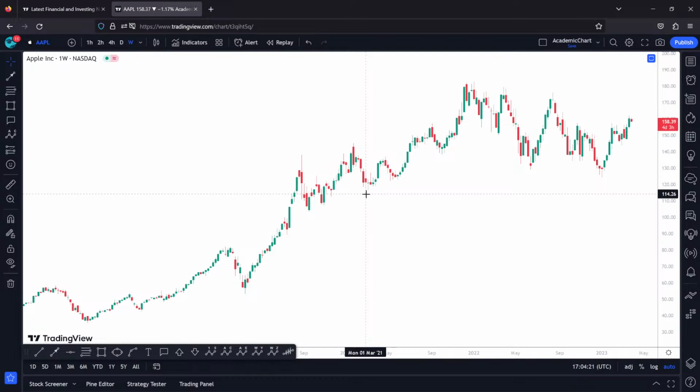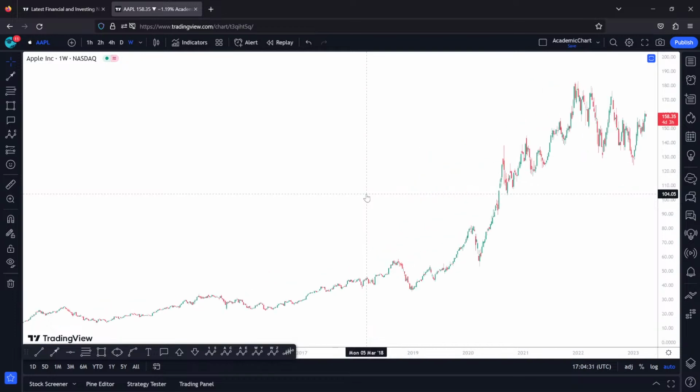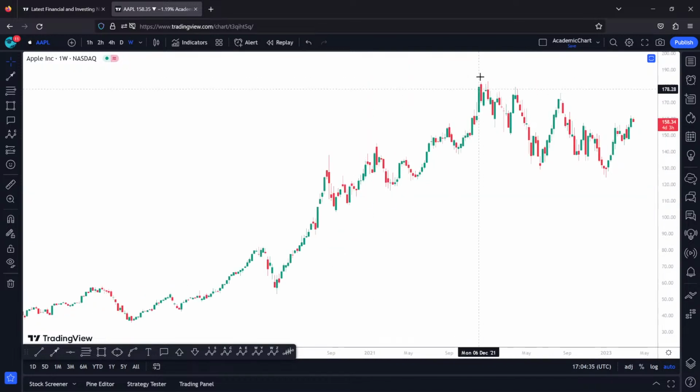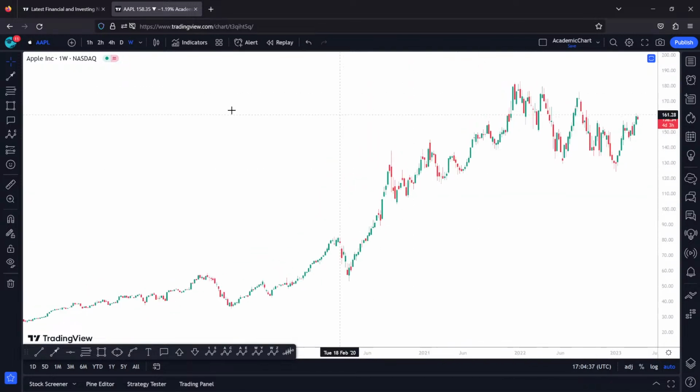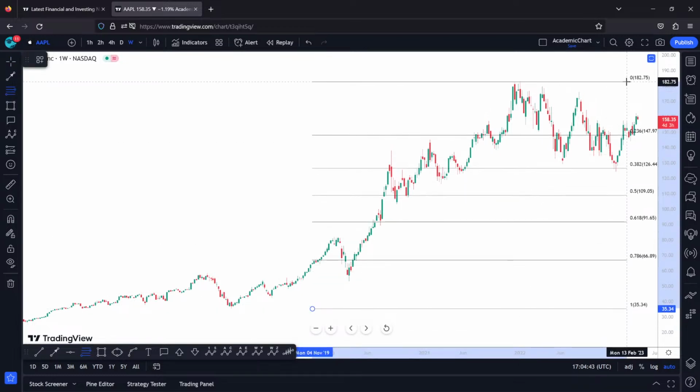Let's directly jump into the chart and take a closer look at the weekly and see how it moved during the past few years. We can see that we have had an impulsive wave as we created these higher highs here. I can immediately grab my Fibonacci retracement tool to understand how much this has been corrected.